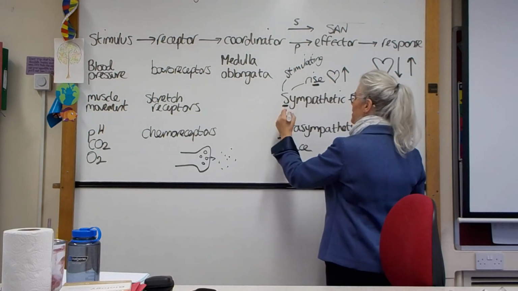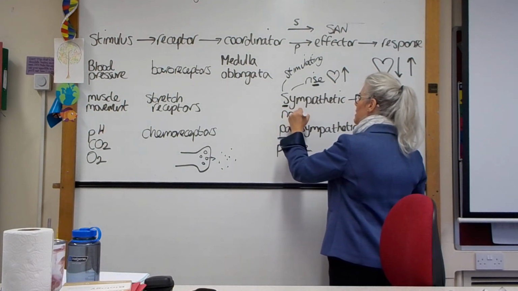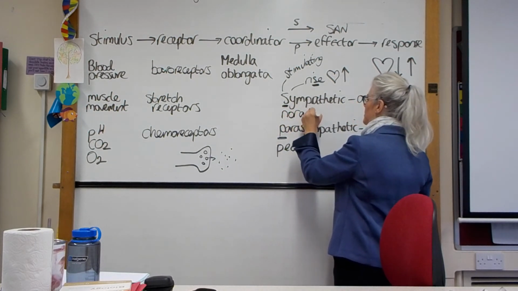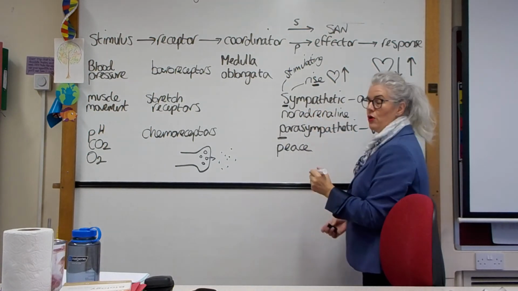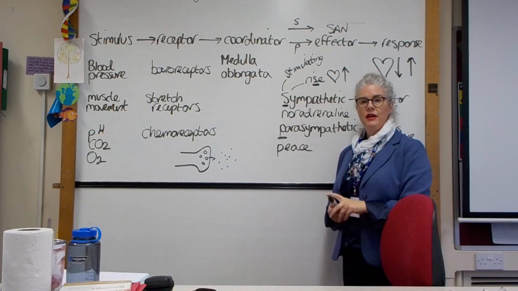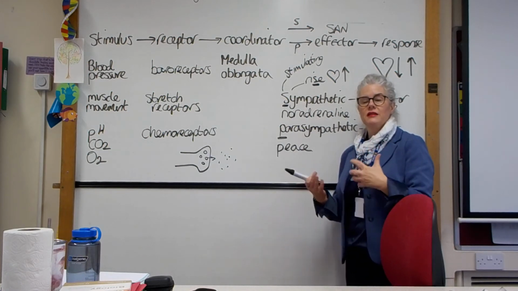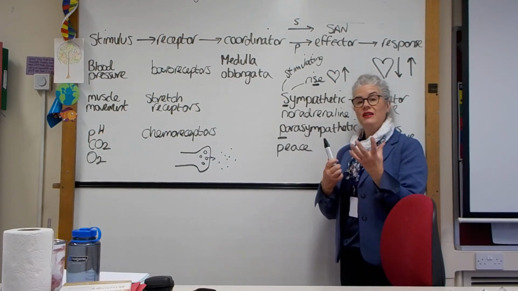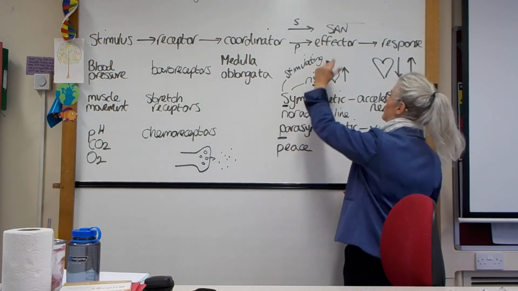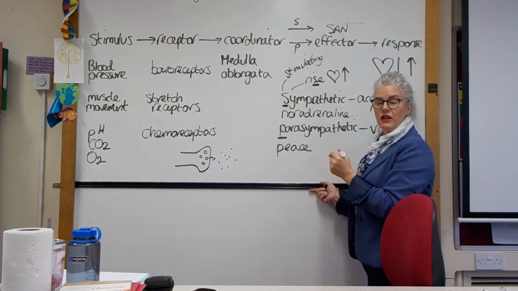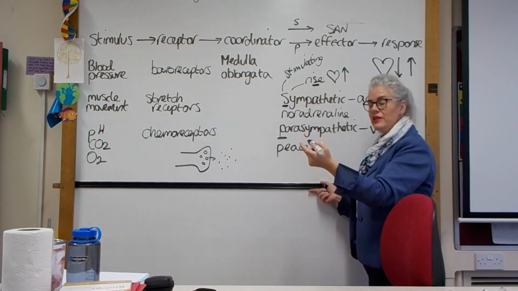So the sympathetic releases a neurotransmitter called noradrenaline. Now, noradrenaline is very similar to adrenaline, and you know adrenaline heightens things, it increases things, it's used in our fight or flight. So noradrenaline, when it binds to receptors on the sinoatrial node cells, will stimulate an increase in heart rate.